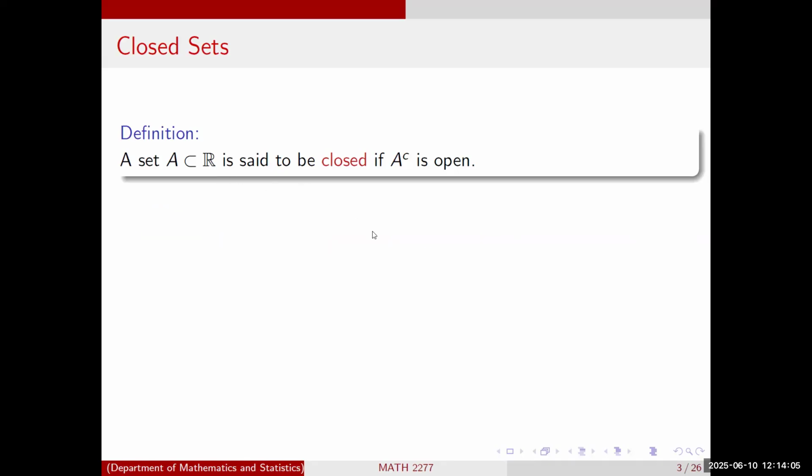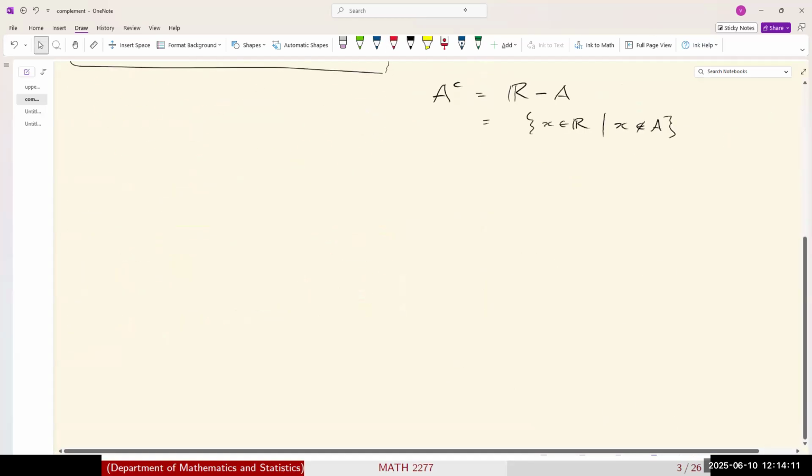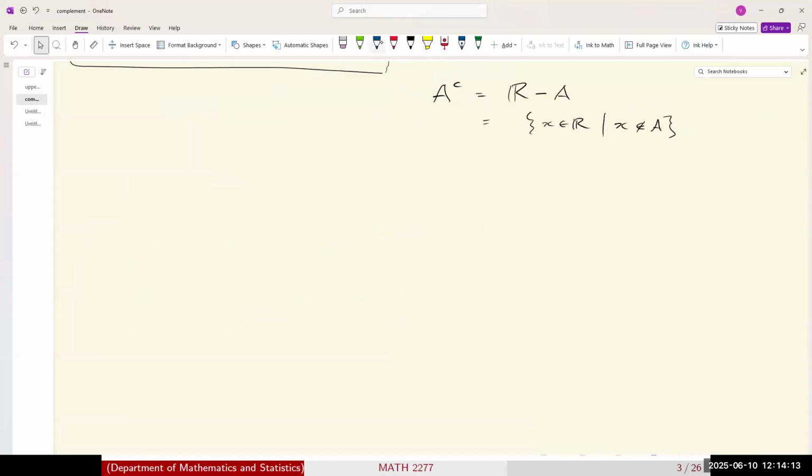Okay, so before I go on, let me just write that here. So what we have from that definition is: if A complement is open, that means that the original set A is closed, right?